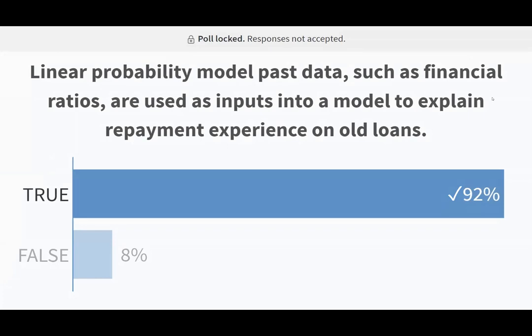So we are using past data. This is just to catch up on some of the problems. For the probability models, we use past data because we are using the numbers of the financial report, which is actually historical data.